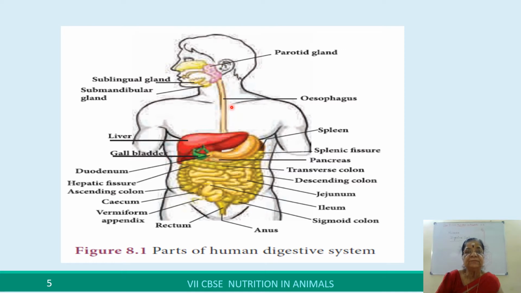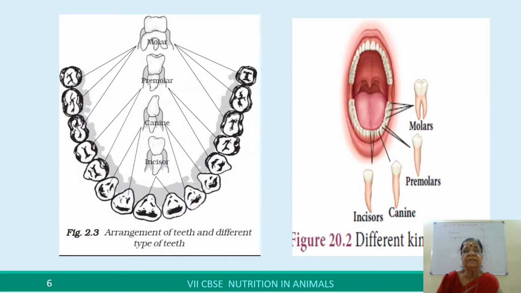Continuation is the esophagus and then the stomach, small intestine and large intestine. The associated glands are the salivary glands, these three, one, two, three, and then the liver and the pancreas. We will study the action one by one, as we already discussed in the previous video class.